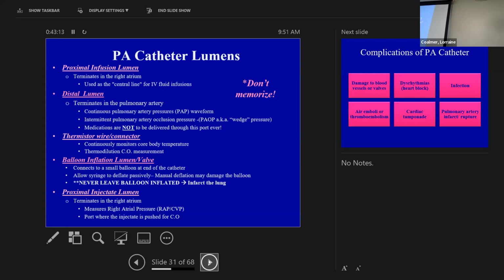You see how they dumb it down for us? And pulmonary artery is PA distal, yellow. Both of these are hooked up to pressurized fluid, and I'm going to get a waveform.